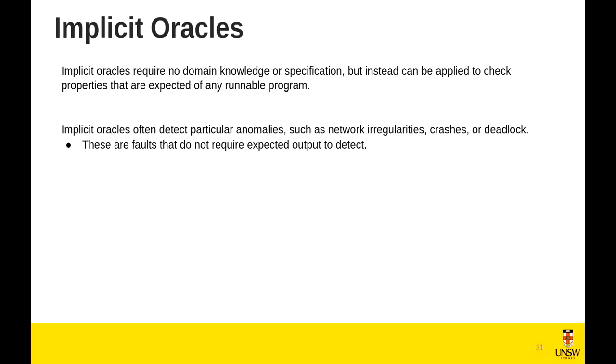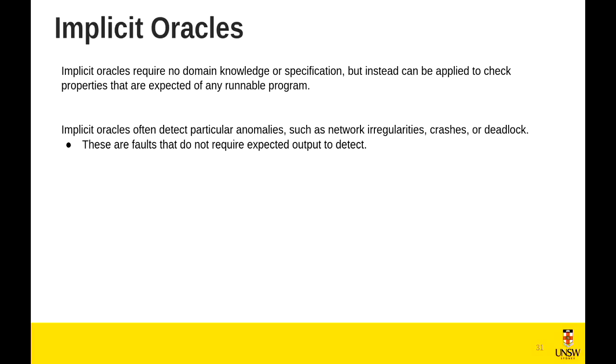So implicit oracles are often used to detect general anomalies, for example, network irregularities, crashes of programs, or deadlocks, or infinite loops, things like that.